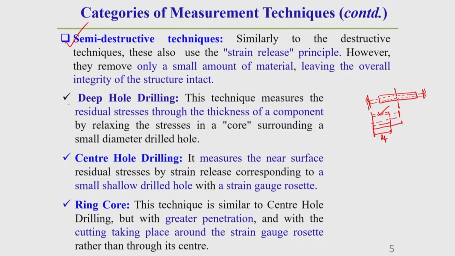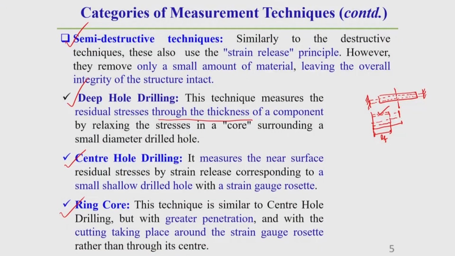So, for these semi-destructive techniques, there are different types of semi-destructive residual stress measurement techniques, like one called the deep hole drilling technique, another called the center hole drilling technique, and another called the ring core technique. With deep hole drilling, we can generally measure the residual stress through the thickness.